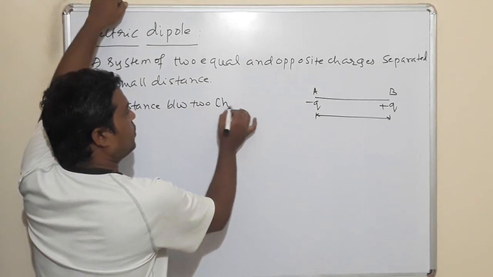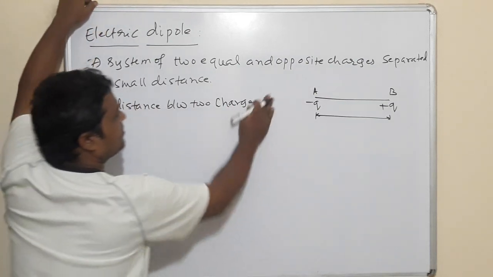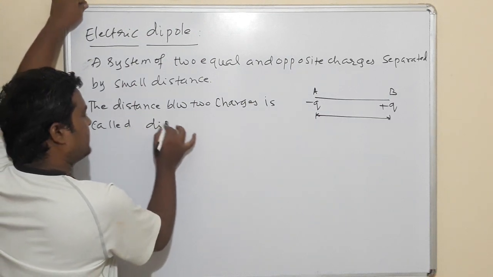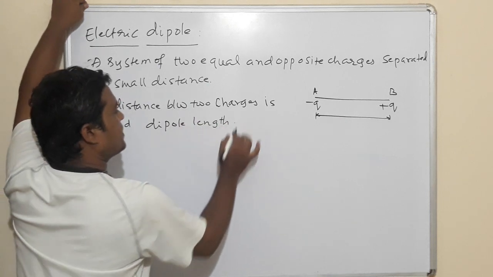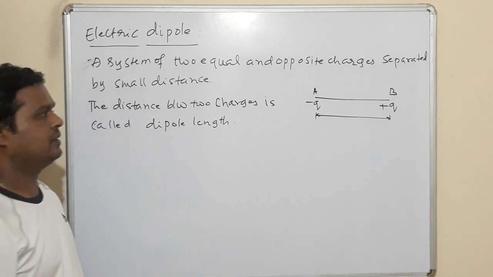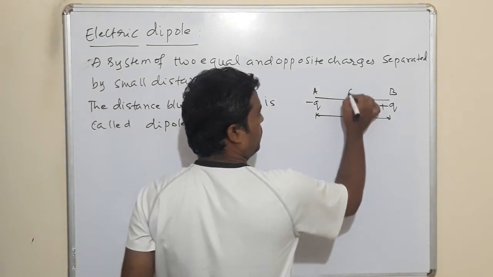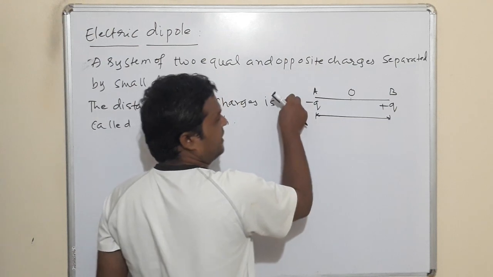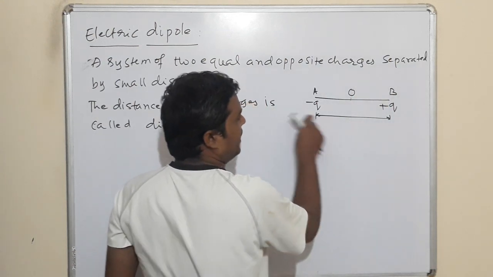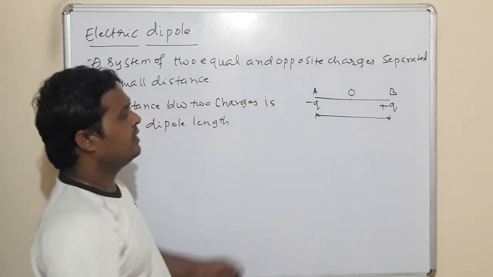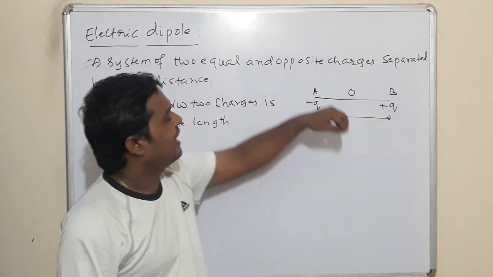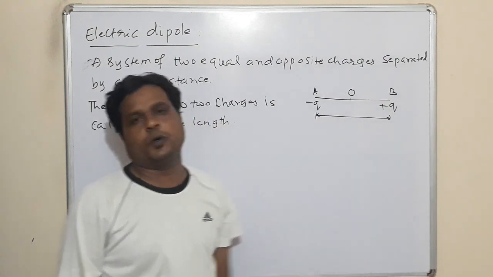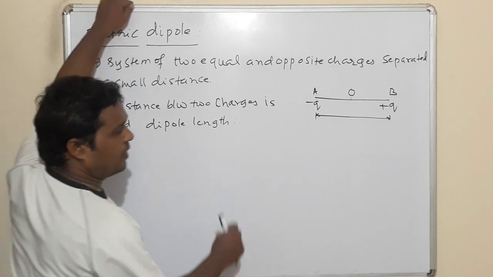The distance between two charges is generally called the dipole length, and this is the midpoint of the dipole, O. If I take any point around the dipole, as this distance is very small, the distance of any point around the dipole will generally be measured from the midpoint of the dipole.